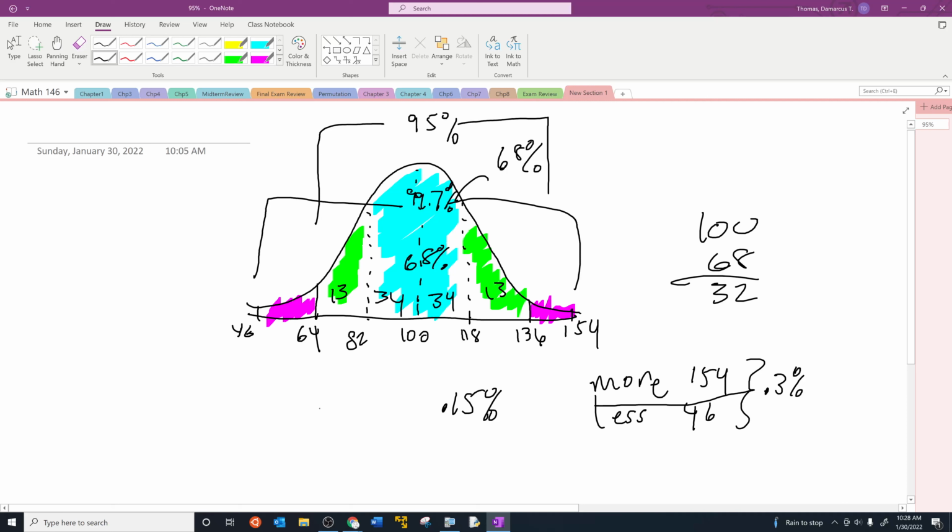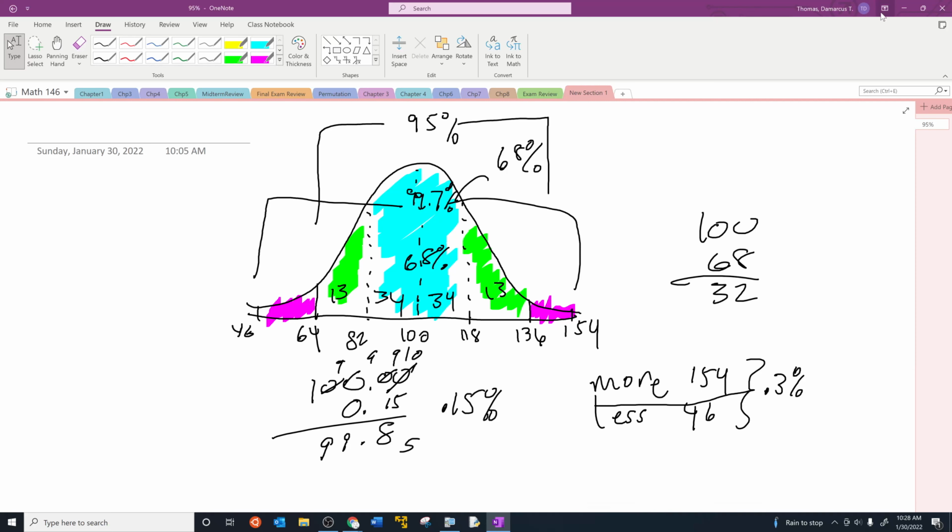Now, we have to subtract this from 100 to get the exact percentile. So we're basically going to subtract 0.15% from that 100%, which is 99.85%, probably can round it to 99.9.